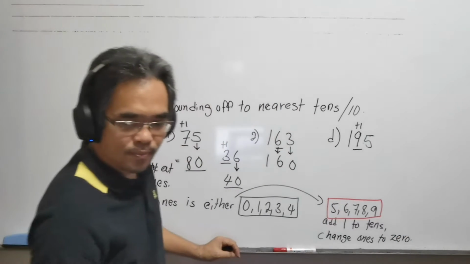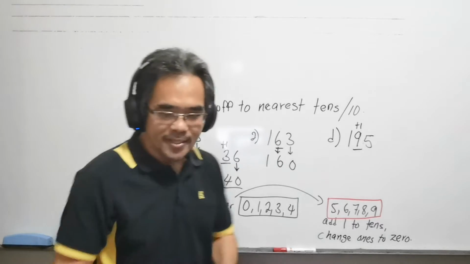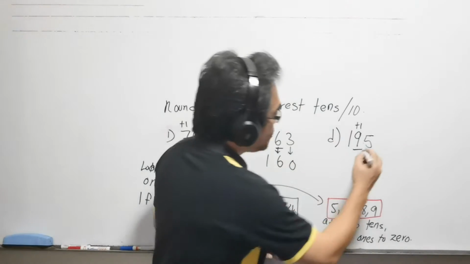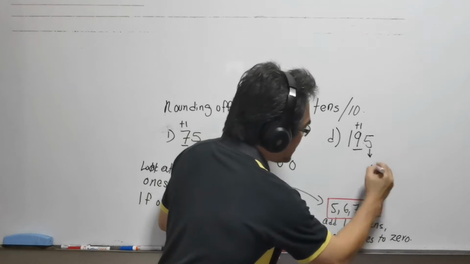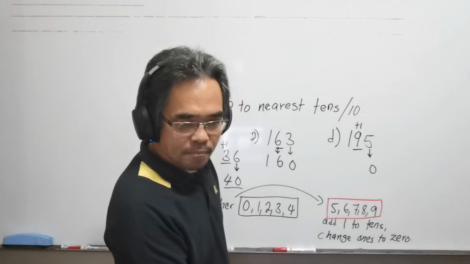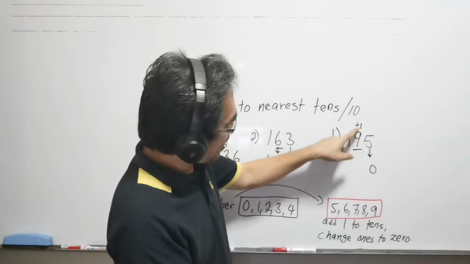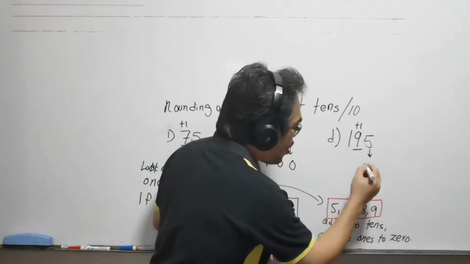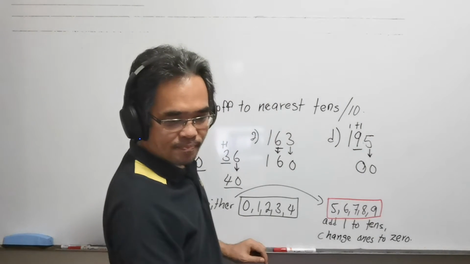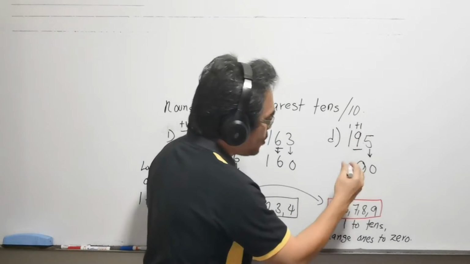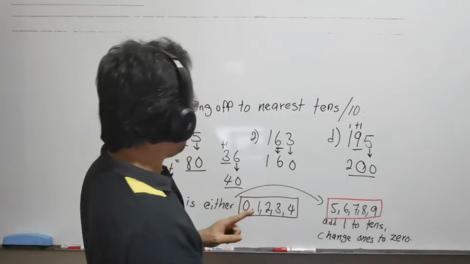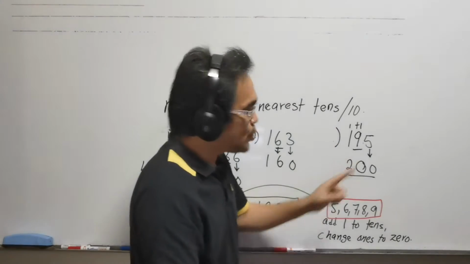Do you know what is 0? Okay, just to make sure that you understand what I'm saying. Change 5 to 0. So what is 1 plus 9? 10. In order to write 10, you have to write 0 here and 1 here. So 1 plus 1 will be 2. So 195 is nearer to 200.